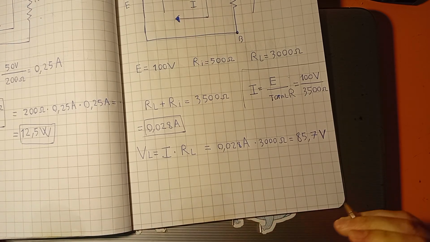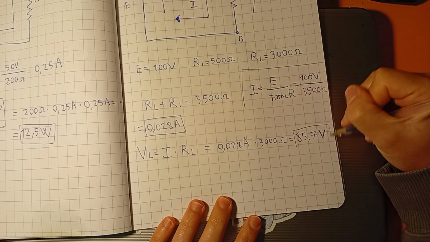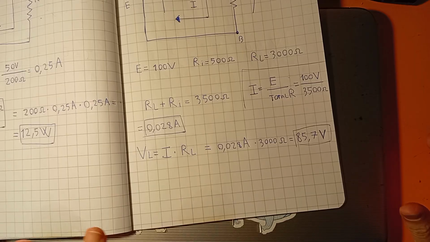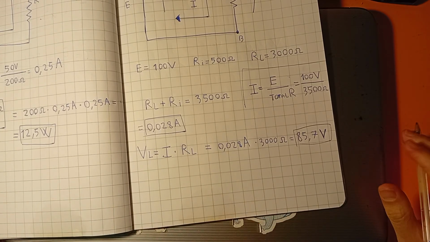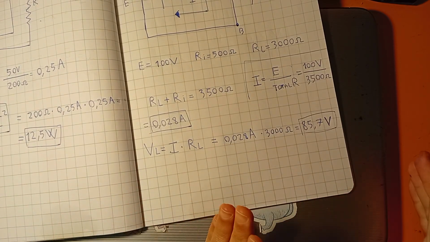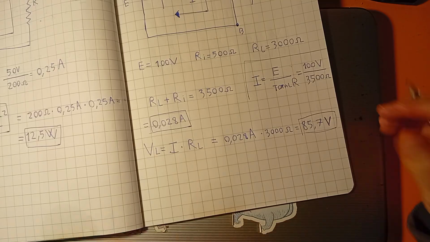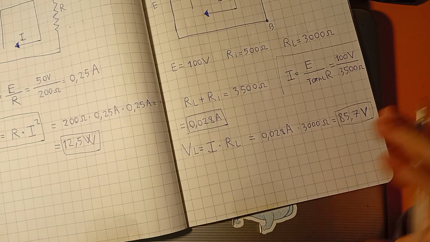Now we could take a short way and calculate instantly how much the efficiency is. But let's take the short way first and then we'll take a longer way, just to try both ways.